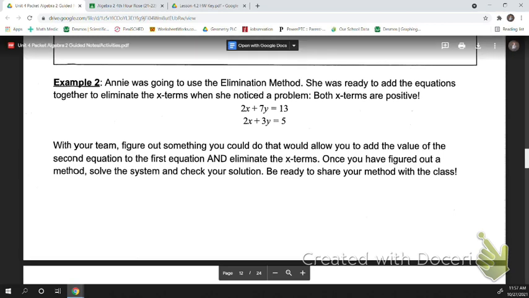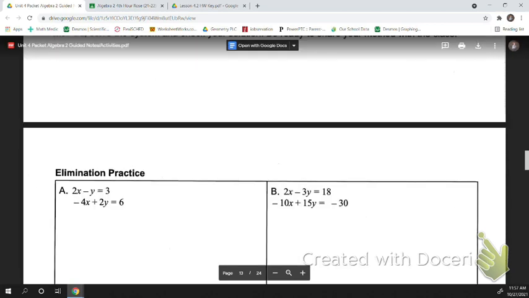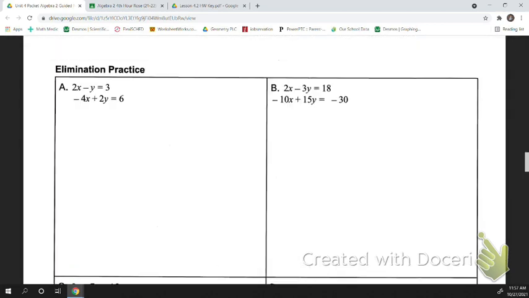Let's do A, and then I'll let you do the other 3 with someone near you. Okay, we want to eliminate a variable. Which variable would you like to eliminate? Why? Y? Great. I've got negative y and positive 2y. So what do I need to multiply the top line by? 2. I'm going to rewrite it below.